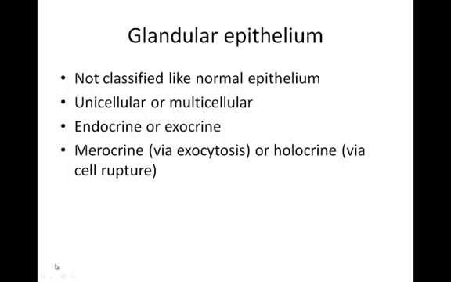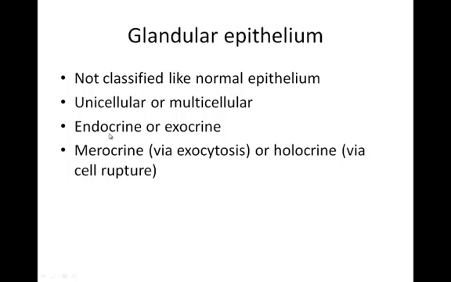Now, there's glandular epithelium, and it's not classified like normal epithelium. We classify whether it has one cell or it's multicellular. And then we also classify it, is it endocrine or is it exocrine? Now, endocrine epithelium we're going to cover next semester.